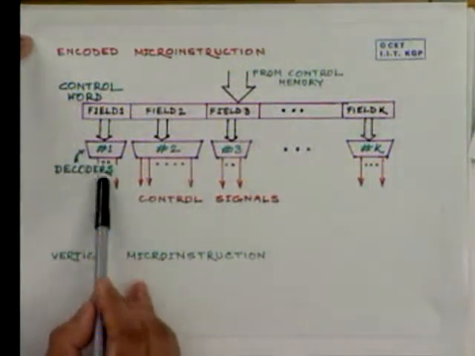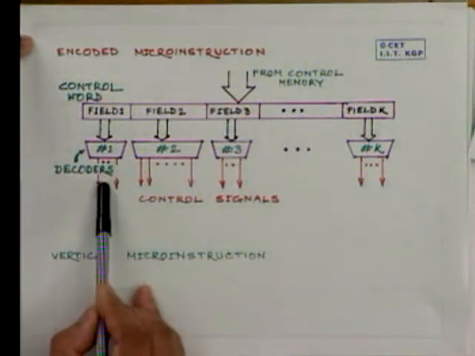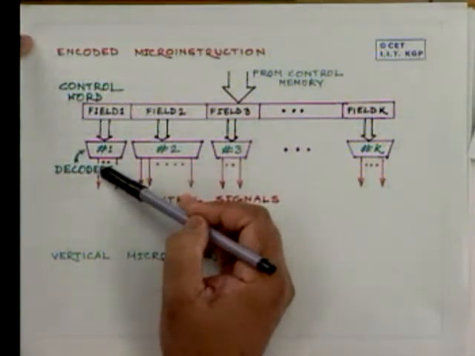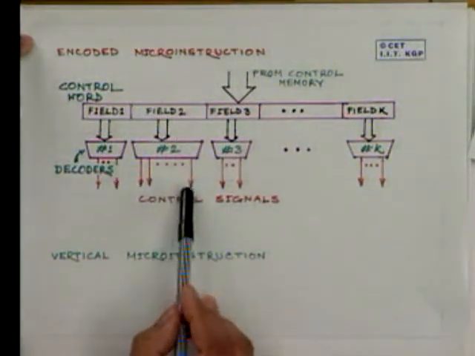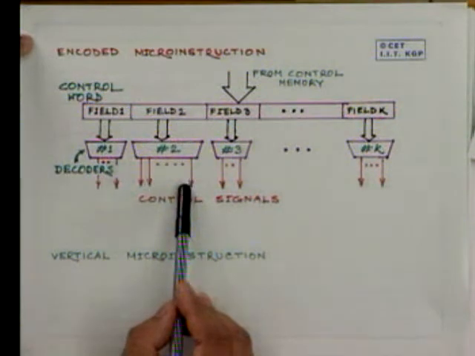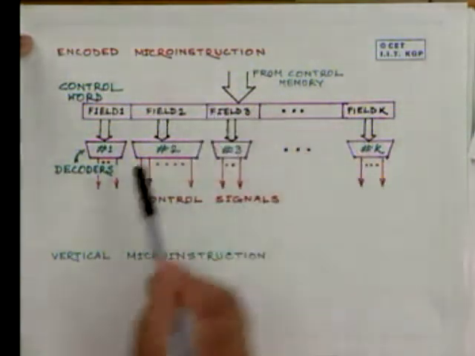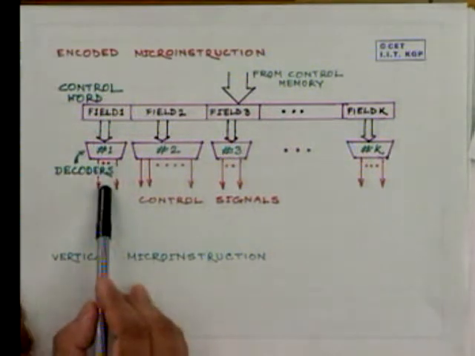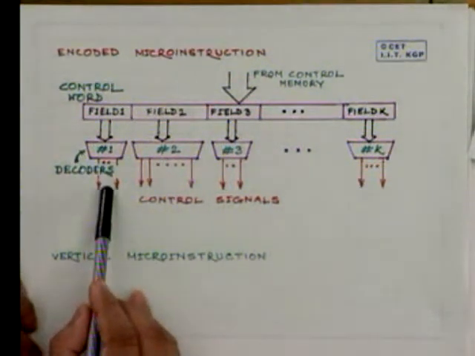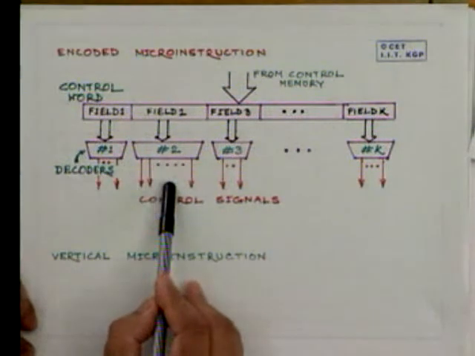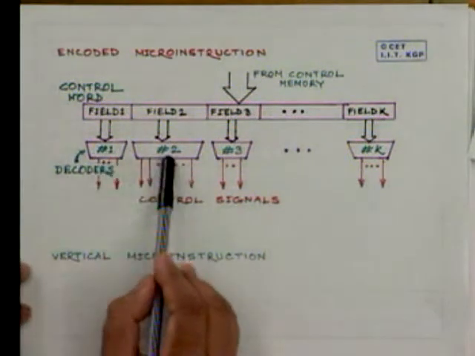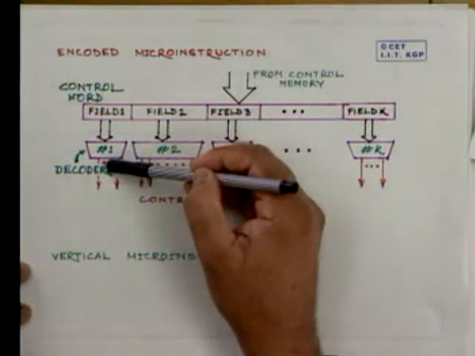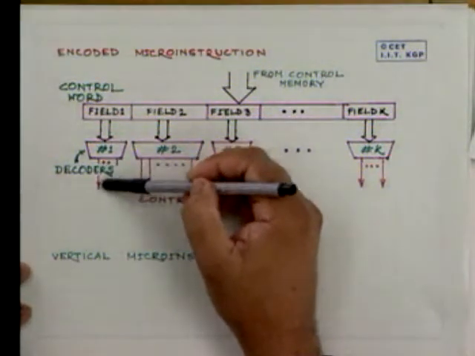All the control points encoded by field 1 are mutually exclusive. So are all the control points from field 2. But any control point in field 1 can be operated simultaneously with any control point in field 2. Therefore, they can be executed at the same time, but any two control points within a field are to be executed at mutually exclusive times.